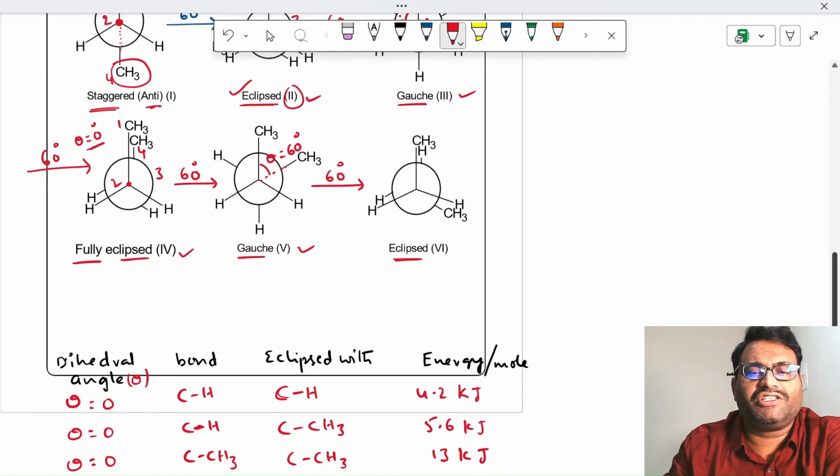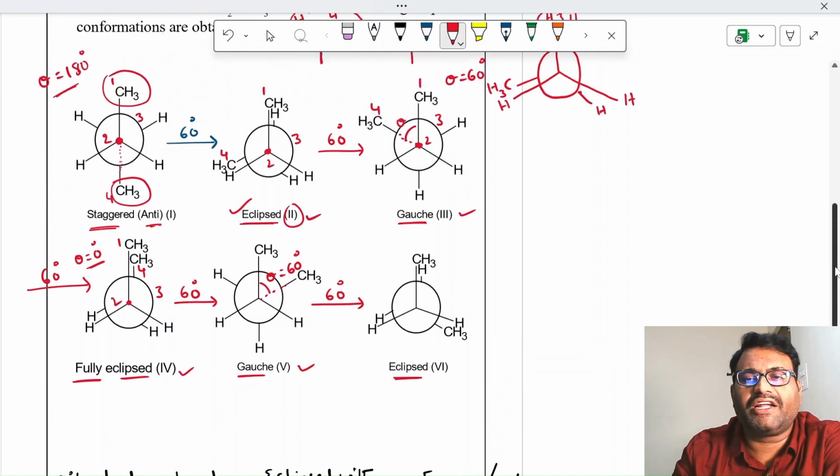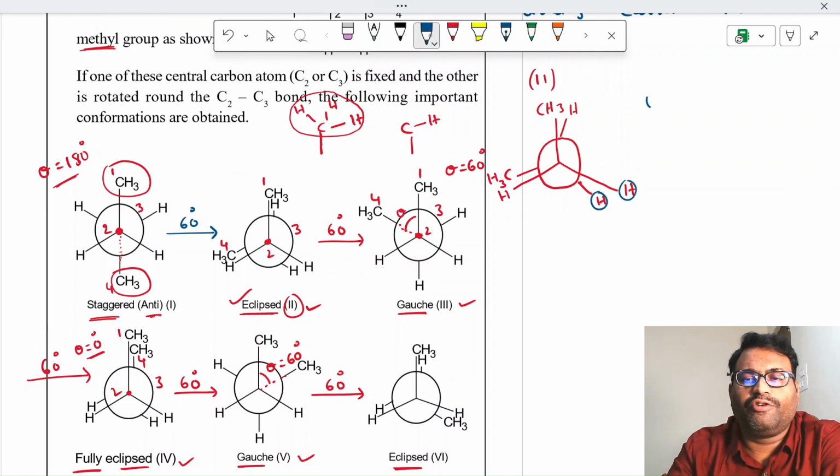See here, energies are given: when CH and CH are eclipsed, the molecule will have repulsive force. Due to that repulsive force, how much does the energy increase? 4.2 kilojoule per mole. Here, what are eclipsed? CH and CH, this one. So that is 4.2 kilojoule per mole.